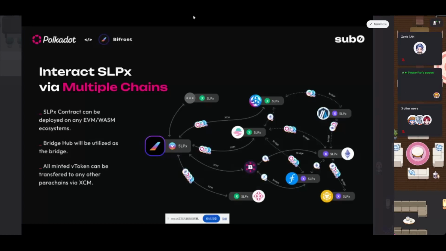You'll see Astar, Moonbeam, Bridge Hub, HydraDX. And connecting with Bridge Hub are some external blockchains, with third-party bridges in the outside blockchains, so they can easily teleport the fungible V token assets between them, or teleport them back to the Polkadot ecosystem and flow to any parachain as they want.